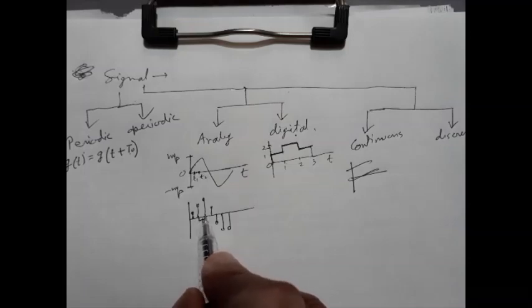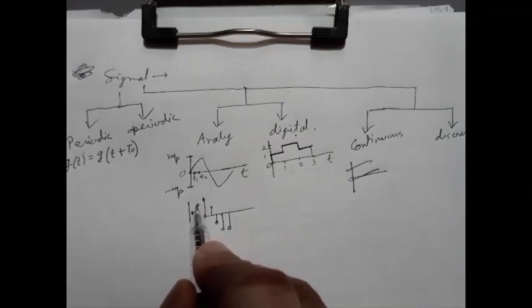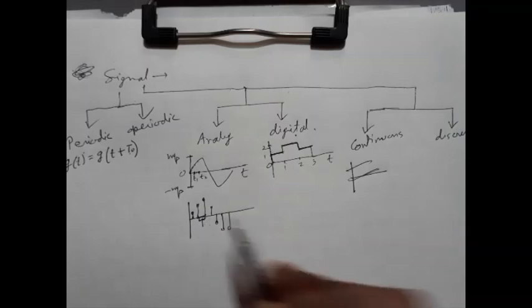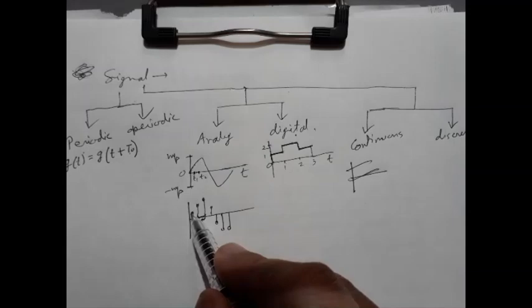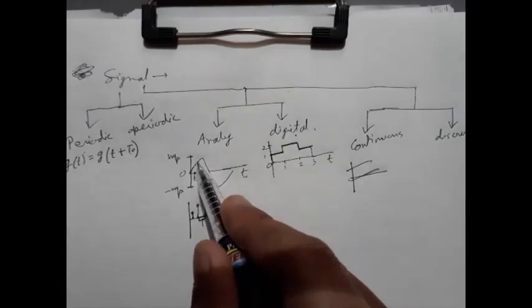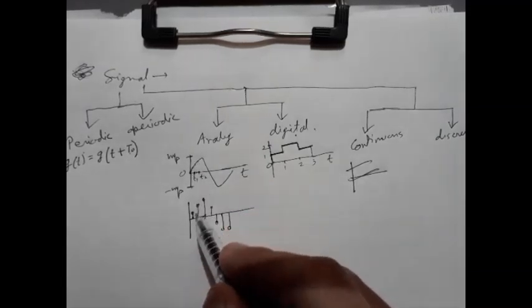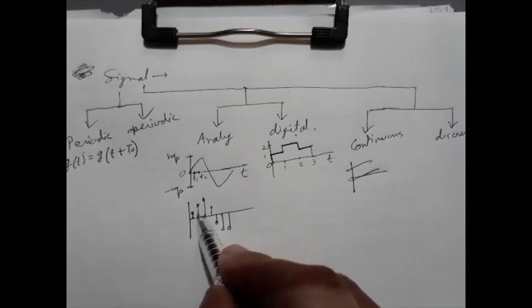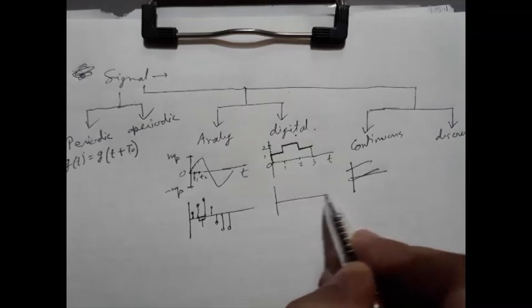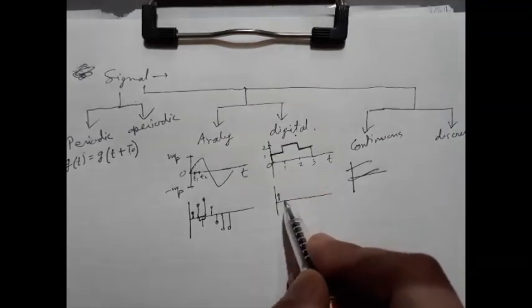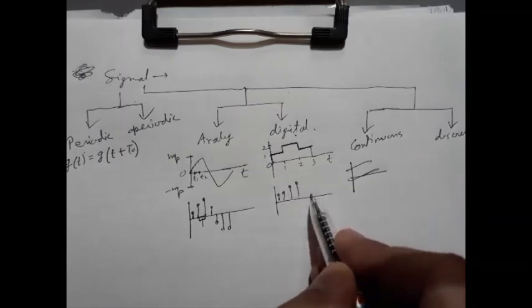So within two samples the signal is 0, and the signal exists at a particular time instant. These types of signals are called discrete time signals. Now if these samples are taken from an analog signal, then this signal will be discrete and analog. But if the samples are taken from this particular signal, then the samples may be like this.